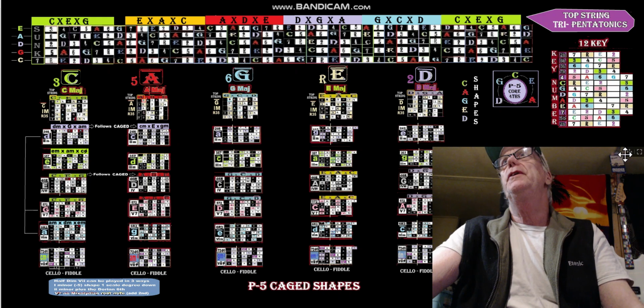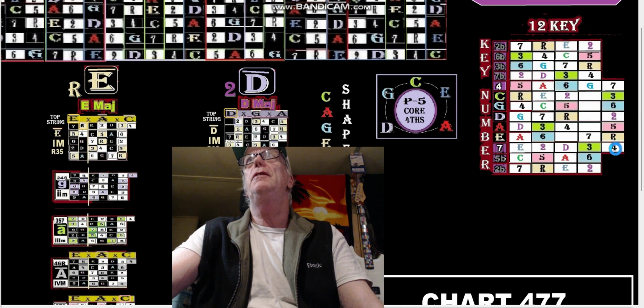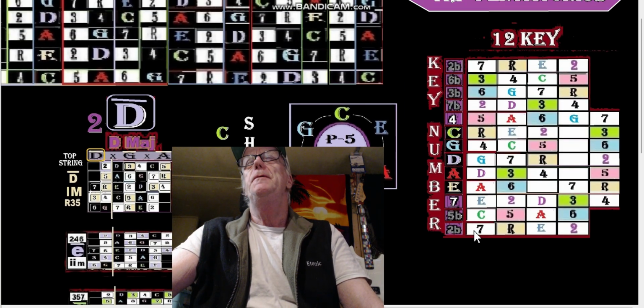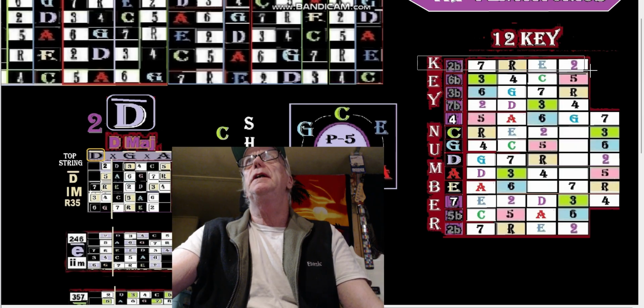We have over here an easy representation of the P5. Okay, if you want to look at this from the top down, it would be easier. So if we look at 3, 4, 5 here, okay, we're not going to be looking at this.